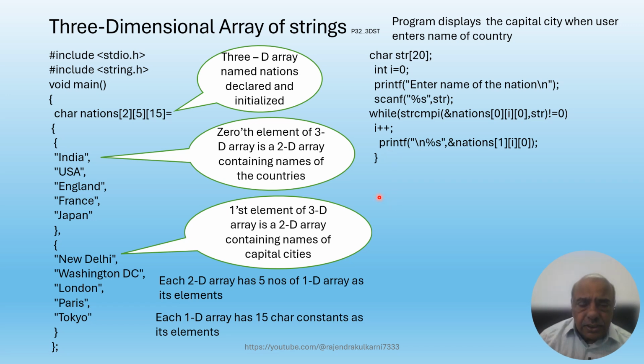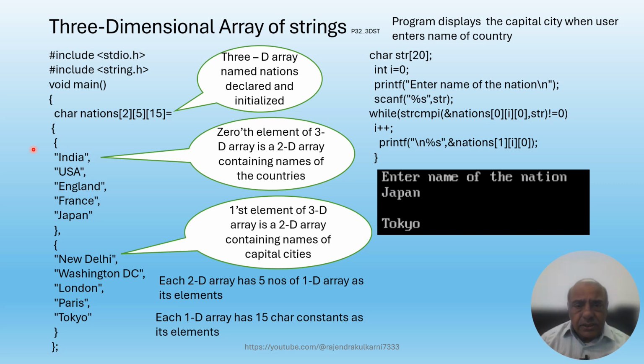And hence, to take care of that, we should change the code so that this while loop doesn't become an infinite loop. Actually, what we should do here is add code in such a way that the while loop doesn't become infinite if the user enters any name of a nation which is not in the list.